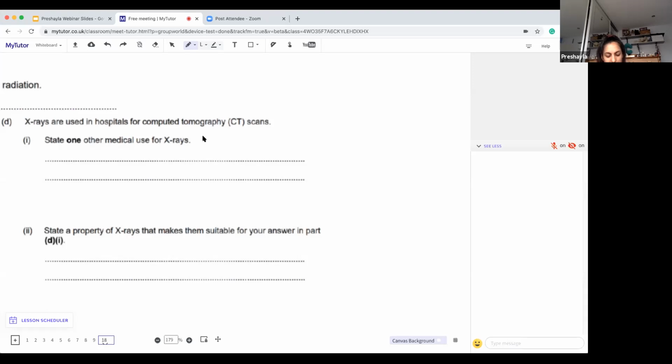What was one that we talked about today? We not only talked about imaging, we also talked about what? Therapy. Good. So well done to Santati.